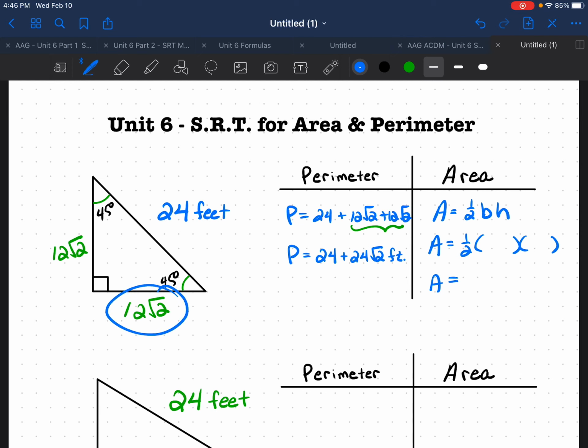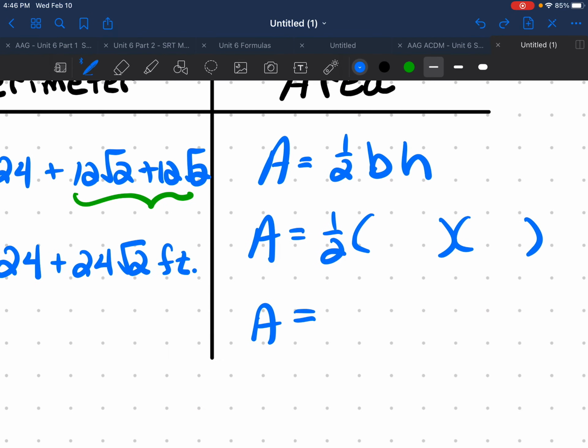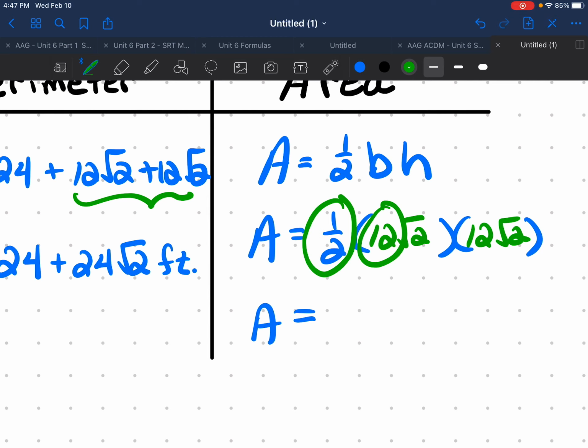I'm going to use 12 radical 2 as my base, and I'm going to use 12 radical 2 as my height. So as I multiply from left to right, I'm going to multiply 1/2 times 12, and that's going to give me 6, and then I'm going to multiply 6 times 12, and that's going to give me 72. Now I still have to multiply my radical 2's, and guys, again, radical 2 times radical 2 is just 2.